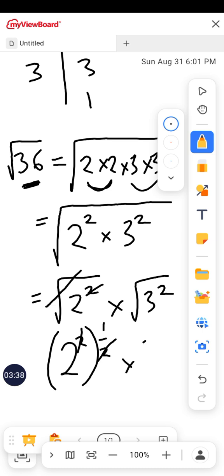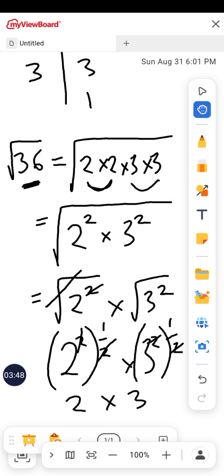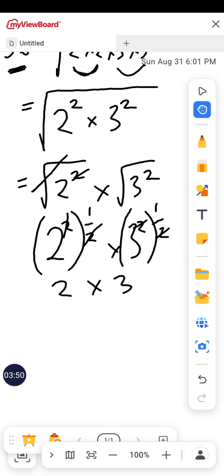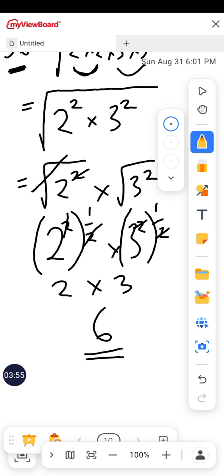And this one is also the same as 3 squared raised to power half. Your half is your square root. Is that okay? 2 cancels 2. And what are you left with? 2 multiplied by 3, and that will give us 6. So without the use of our calculator, we can get the square root of 36. Or better still, instead of writing this up, just say your 2 cancels the square root. Then you have 2 times 3, that's it.